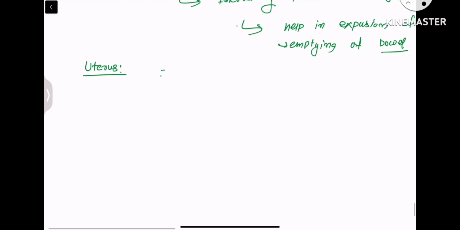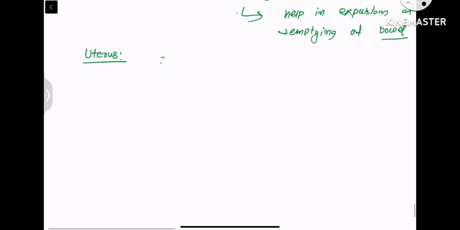Now action on the uterus. It causes contraction of the uterine muscle, because this is also visceral smooth muscle.